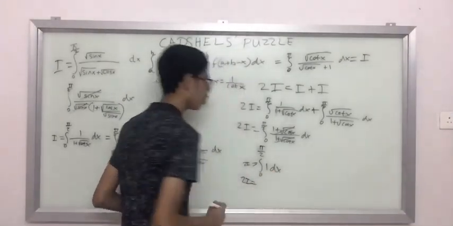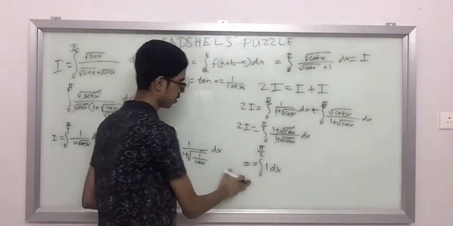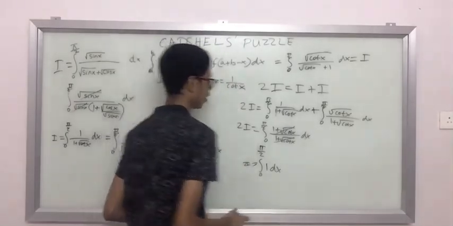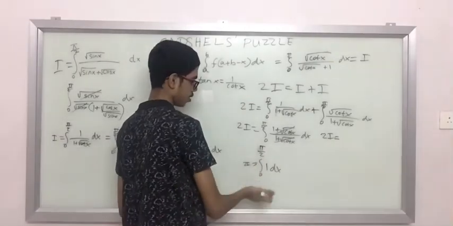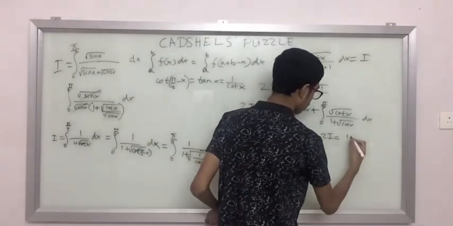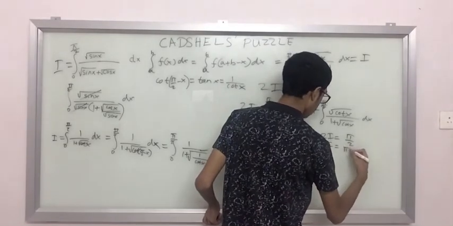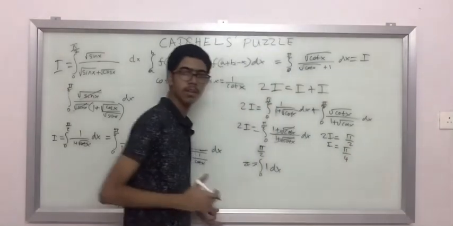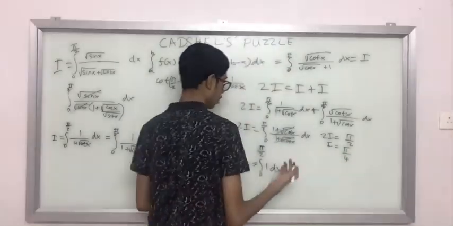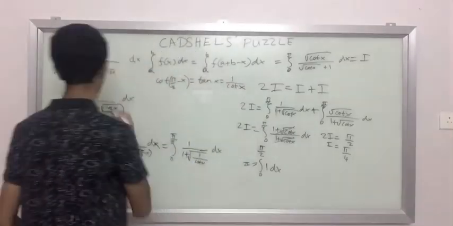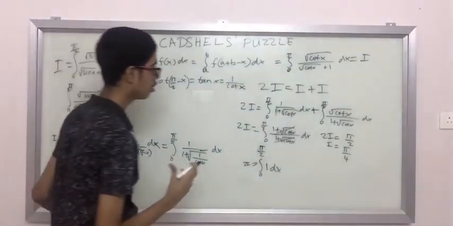2I is equal to pi by 2. That means I is equal to pi by 4. Now I is equal to pi by 4. That means this whole integral is equal to pi by 4.